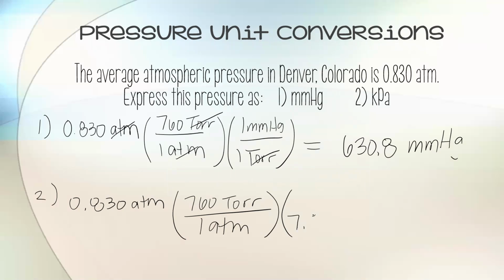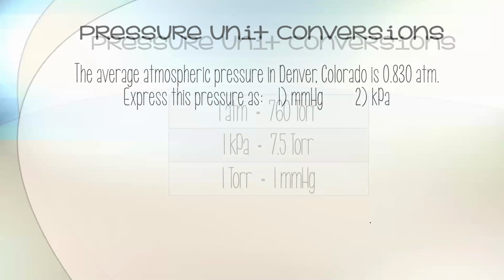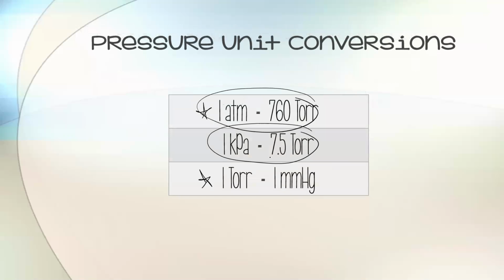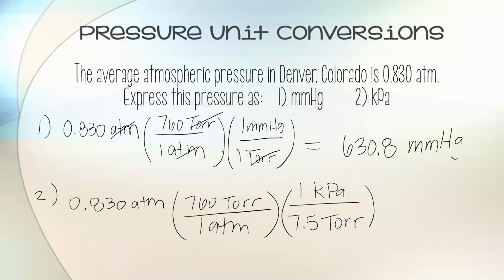So 7.5 torr is equal to 1 kPa. I'm just taking the number from the chart, guys. So when I put it in my equation, I have 7.5 torr, because torr has to cancel torr, and 1 kPa on the top. So it's just about placement. So do all that math, and you should get 84.11 kPa.